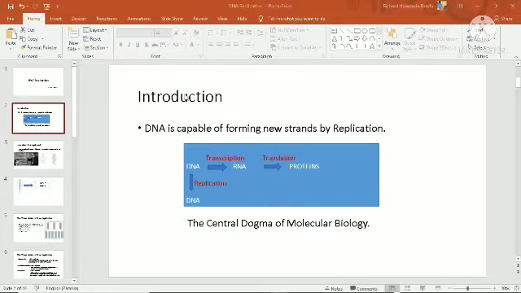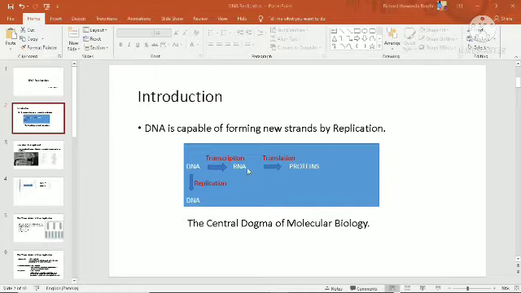DNA, from the previous discussion, we deduced what the structure is according to Watson and Crick. And then we went on to say DNA is capable of forming new strands by replicating itself. And RNA is made from the DNA, whereas the proteins are made from the RNA.